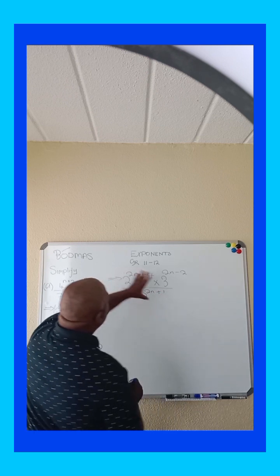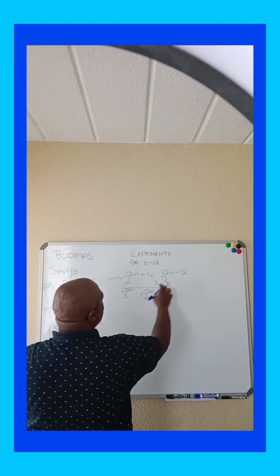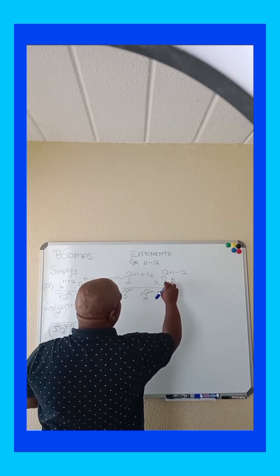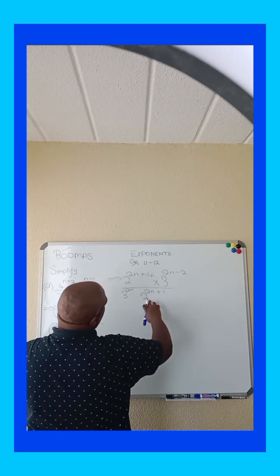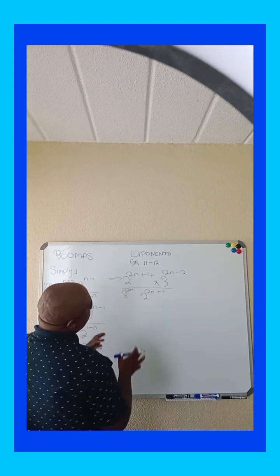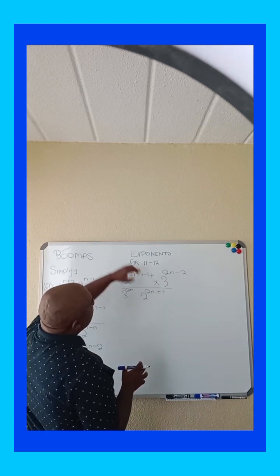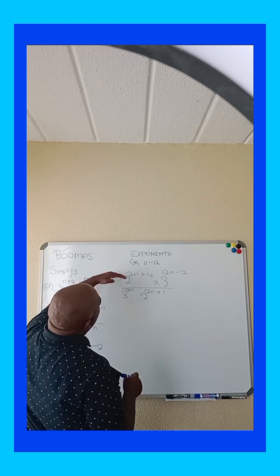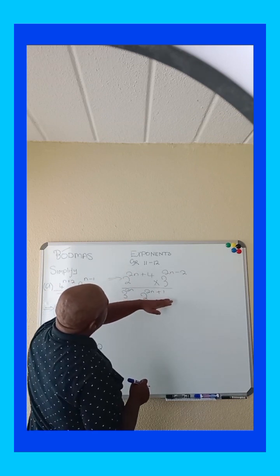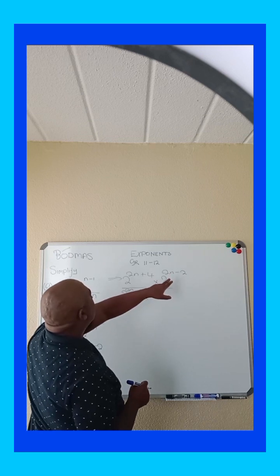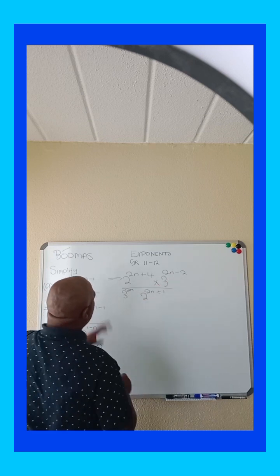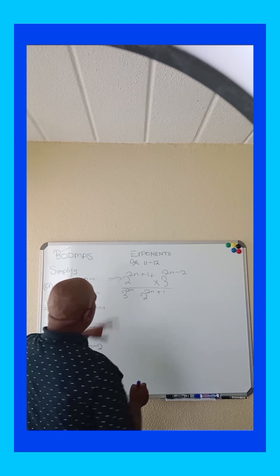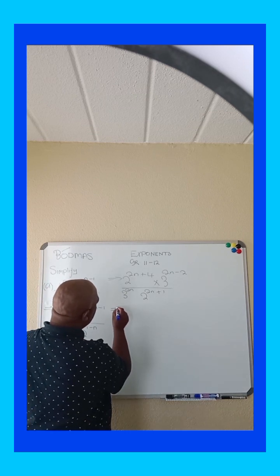Okay. Now at this stage, you can see this base is the same as this one, and this one is the same as this one. So if the bases are the same in a division, in exponents, we ensure that we separate all the bases that are on the denominator from those of the numerator. How to do that? Okay, let's do it like this.